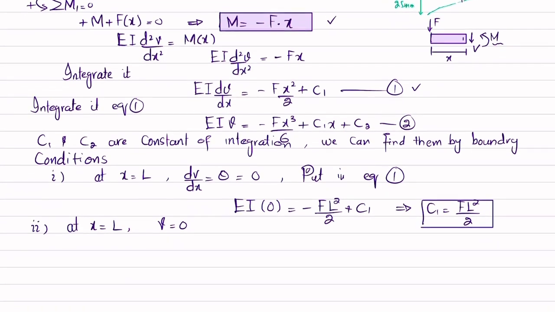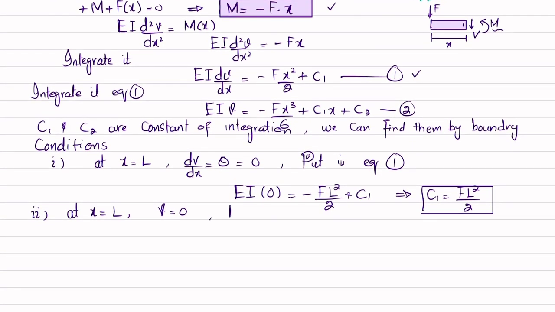So we will put it in equation number 2, which is about deflection. So when you put EI into v is 0 is equal to minus, x will be replaced by L, so FL cube over 6 plus c1, c1 is FL square over 2 into x, which is L, plus c2.